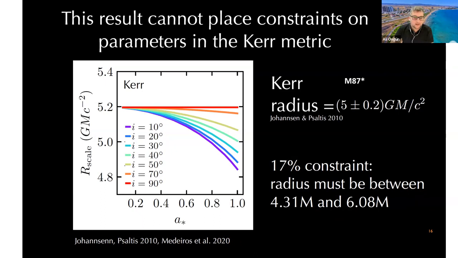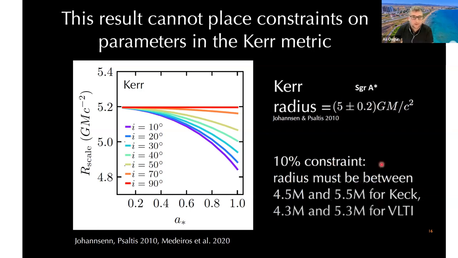From the experiment, we have a 70% constraint region, and the radius must be between 4.31 m and 6.08 m, and this is from the M87 data. On the other hand, if you go to the Sagittarius A* Event Horizon Telescope observations, they give you a 10% constraint, and the radius must be between these numbers.